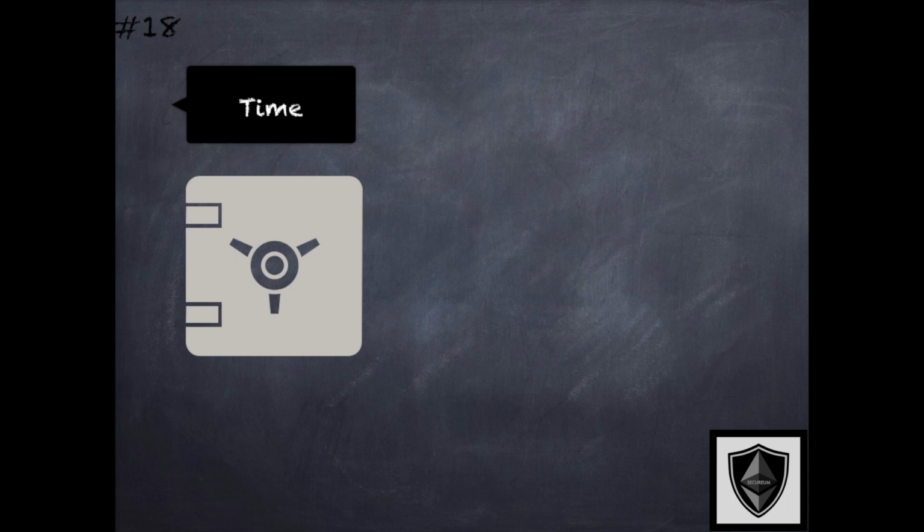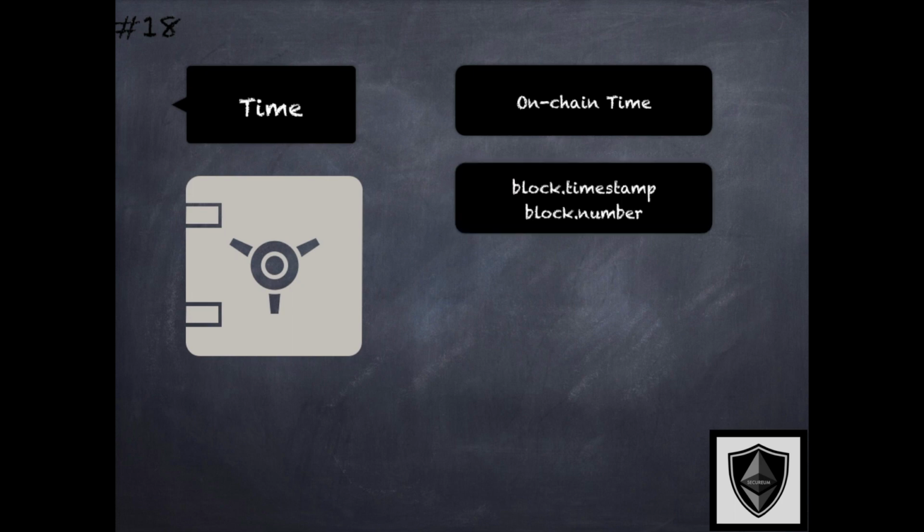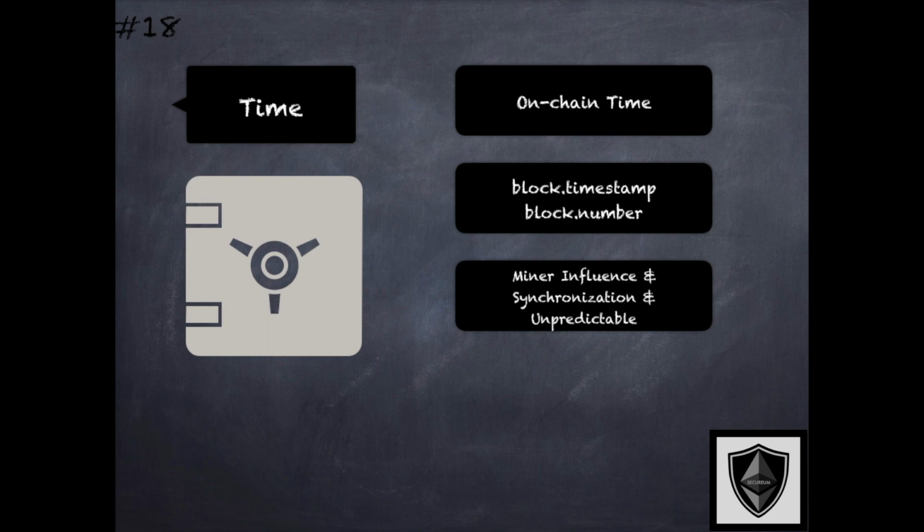Similar to randomness, the notion of getting the time on chain is also tricky, and often smart contracts resort to using block.timestamp or the block number as sources for inferring the time within the application's logic. Again, what needs to be paid attention to is that this notion of time can be influenced to a certain extent by the miners.